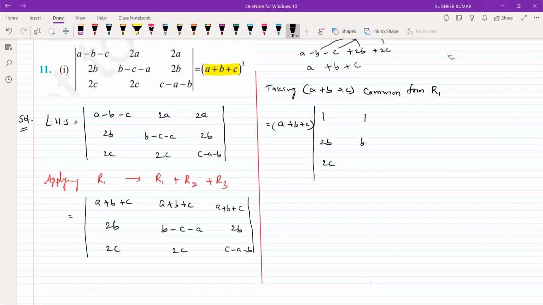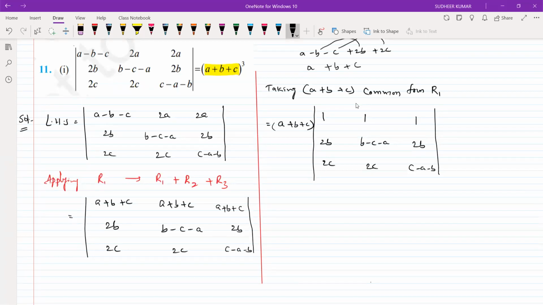This is 1, B minus C minus A, 2C. Next, this is 1, 2B, C minus A minus B. See, we got three ones, right? In the previous questions, if you observe, when we get any row or column as ones, it is easy to make the utmost number of zeros, isn't it?